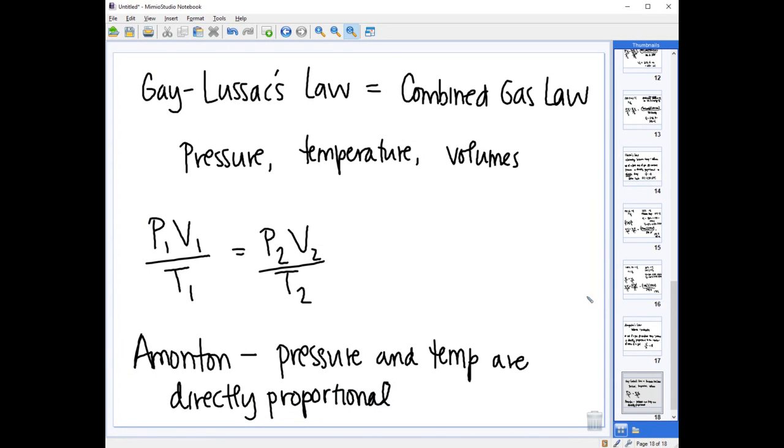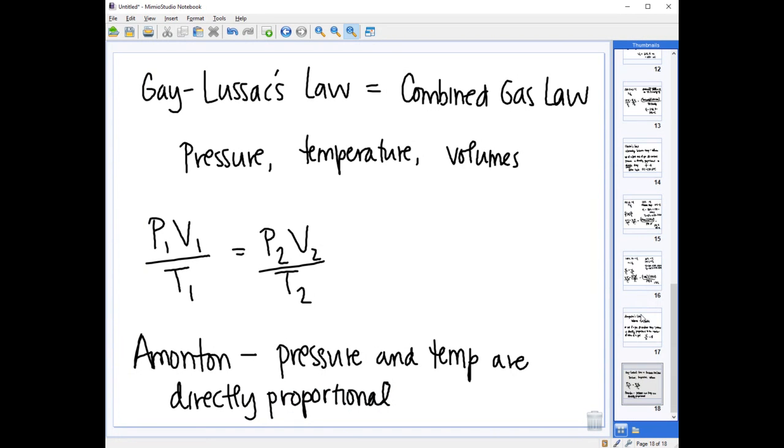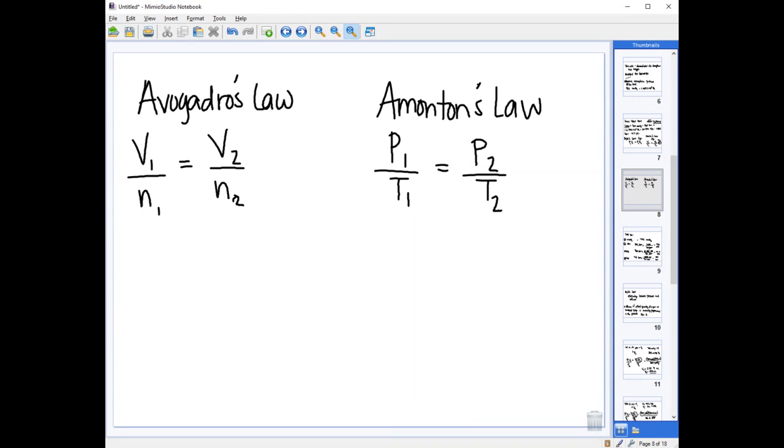Okay, so let me go back to my cheat sheet. Okay, and let's add Amontons since he gets left out. Amontons's law is P1 over T1 equal to P2 over T2.